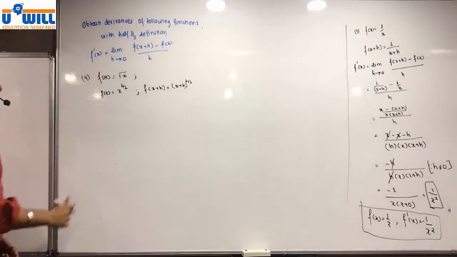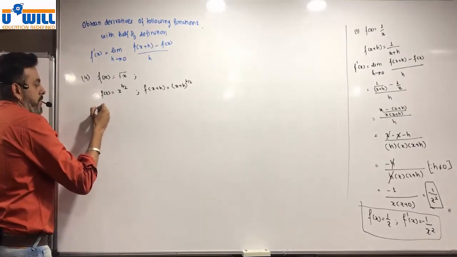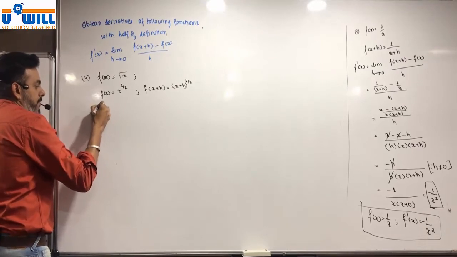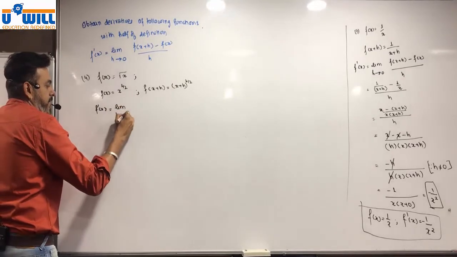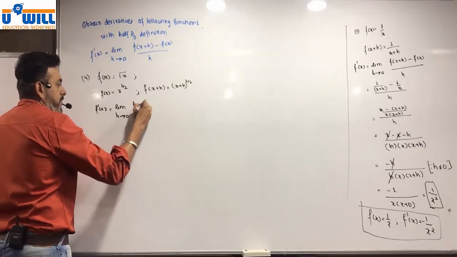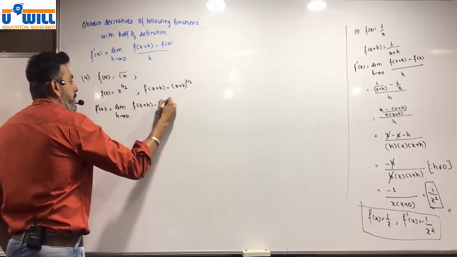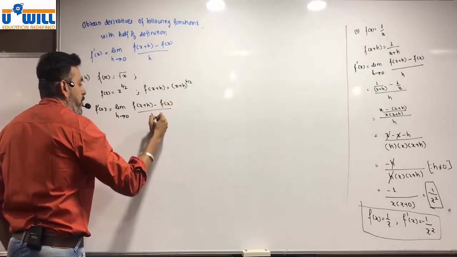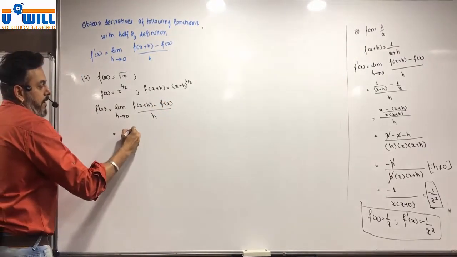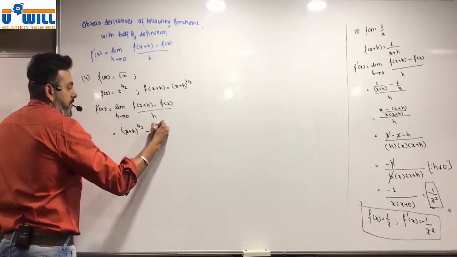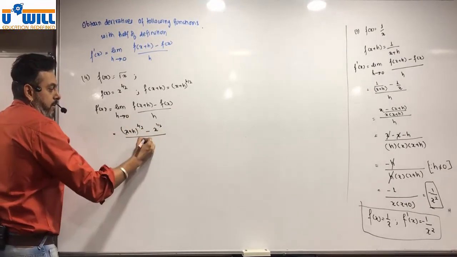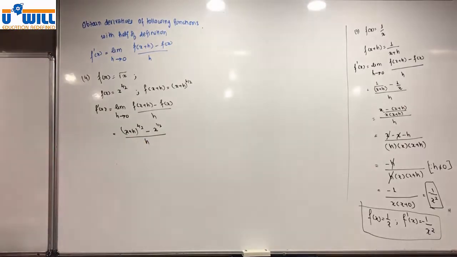ठीक है? Now derivative of function of x is equal to limit h approaches 0 function of x plus h minus function of x upon h, which is equal to x plus h raised to 1 by 2 minus x raised to 1 by 2 upon h. क्या लेंगे अब? t.